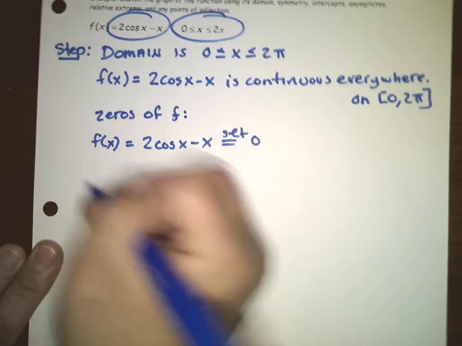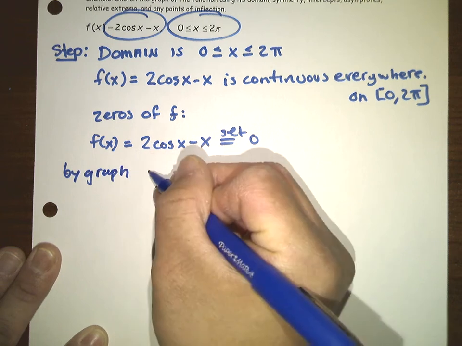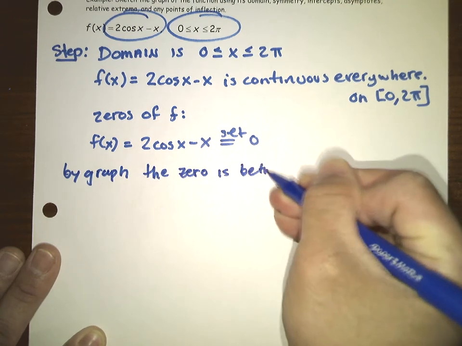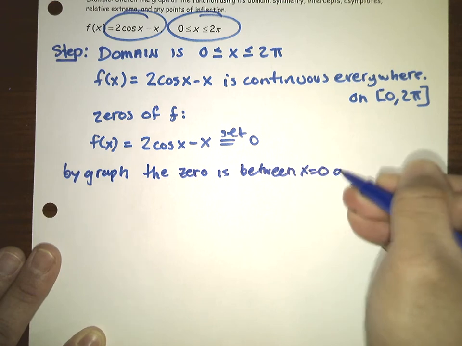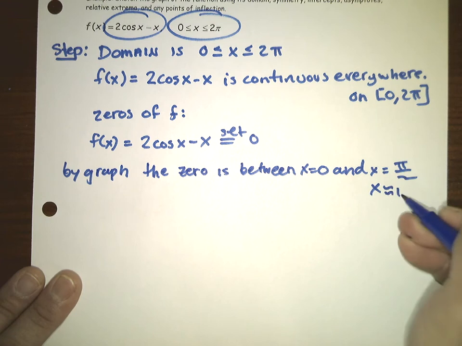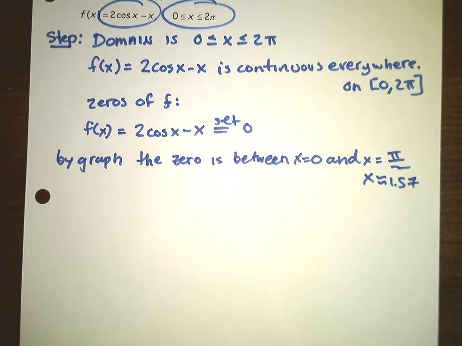So by the graph, the 0 is between x equals 0 and x equals pi over 2, but pi over 2 is about 1.57. So why don't I just say, let's say that it's equal to 1, and we can use Newton's method to figure out what the exact 0 is.